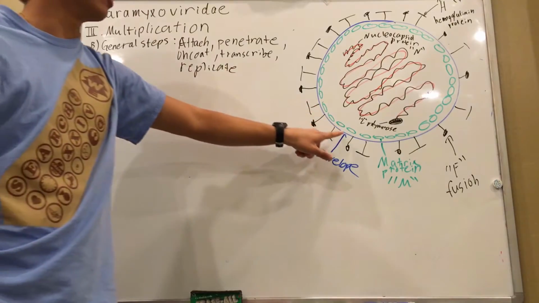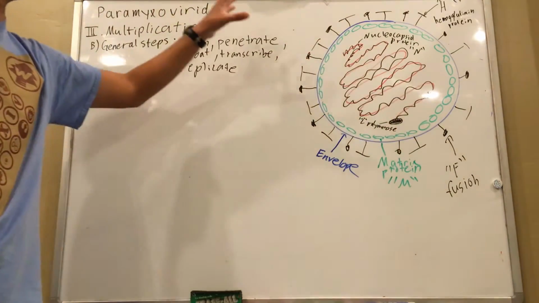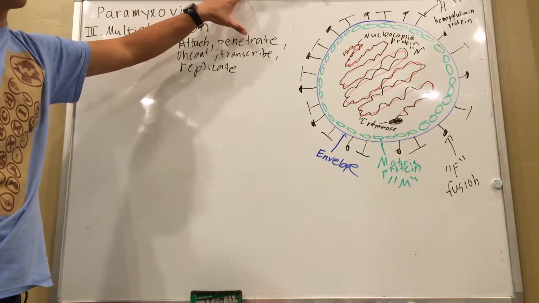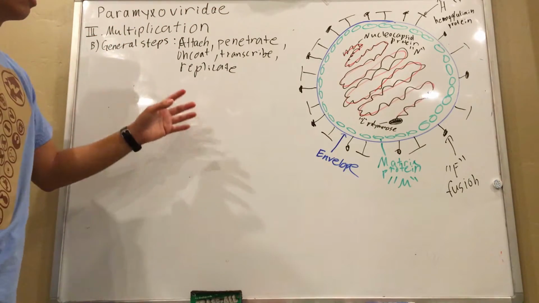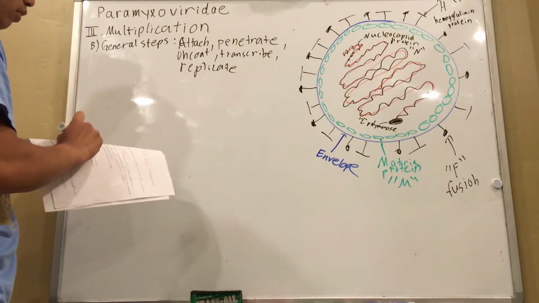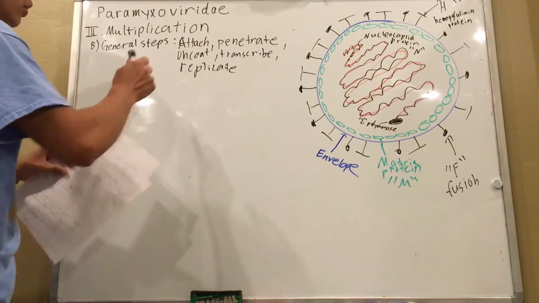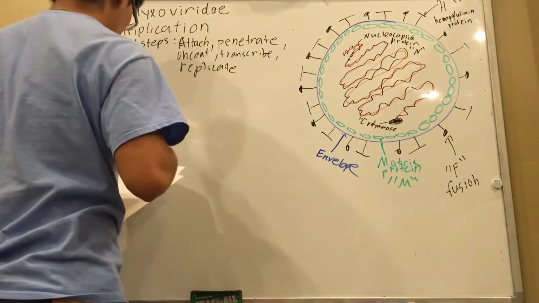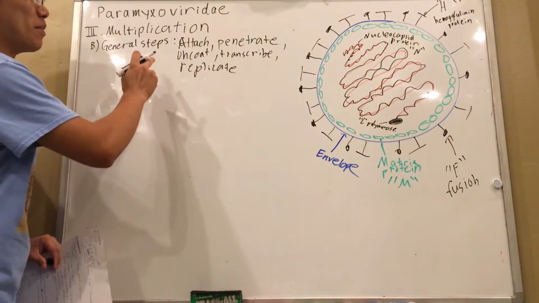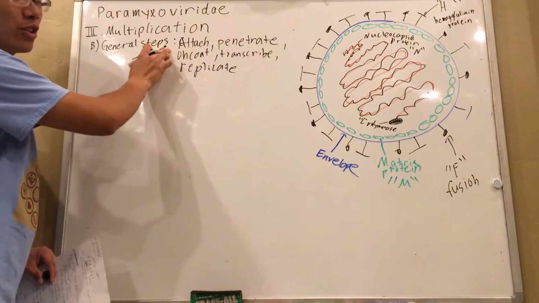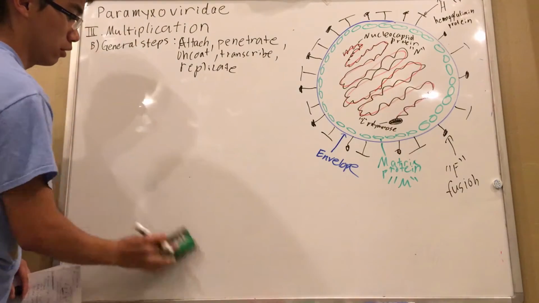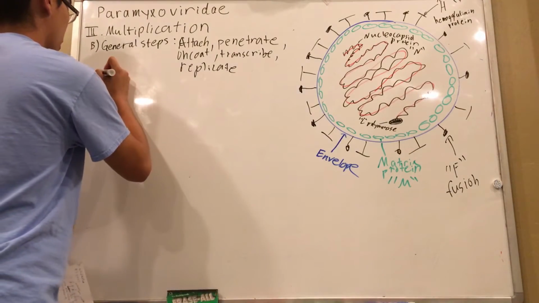If it's not able to uncoat, dissolve this whole round thing and expose the RNA for transcription, can't do anything. If you can't transcribe, you can't replicate your genome. Okay, so the attachment is very important. Without the attachment, you can't do anything. So again, if you're trying to make a zombie virus, at the very least, make sure the virus can attach to your human host cell.